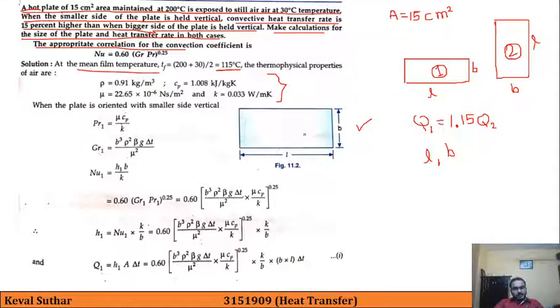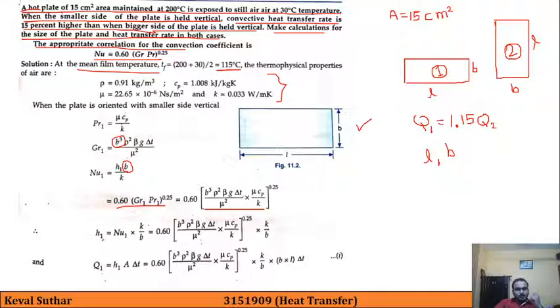Gr1 will be affected because of this arrangement, where our length will be B. So you need to see where we are having changes. The remaining things are as they are, rho squared beta g delta T by mu squared. Now Nu will also be affected because here also, instead of the characteristic length, we are using B. And our formula will remain the same, Nu is equal to 0.6 (GrPr) raised to 0.25. So this is the value, and these are the terms which are put inside.